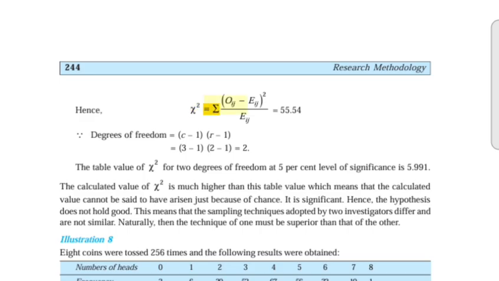Hence, chi2 equals the sum of (O minus E) squared over E, which equals 55.54. Degrees of freedom equals (c minus 1)(r minus 1) equals (3 minus 1)(2 minus 1) equals 2.